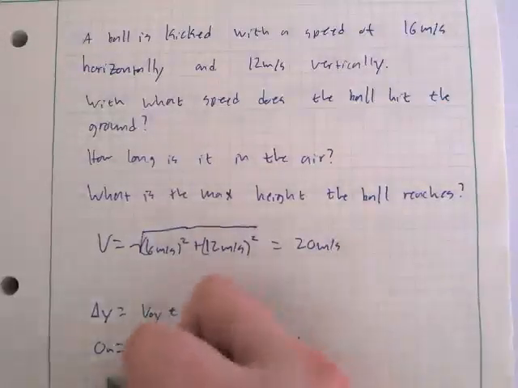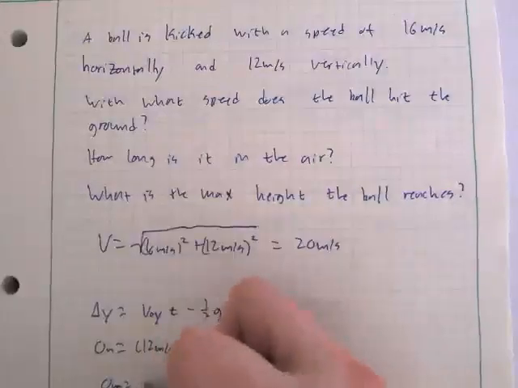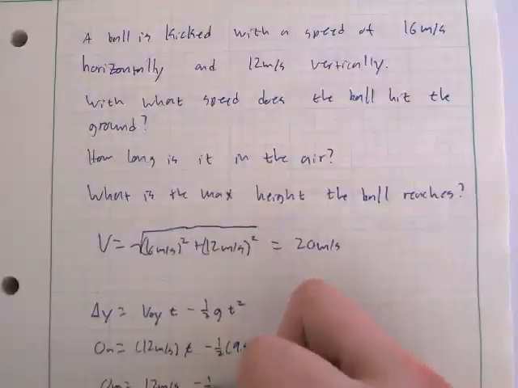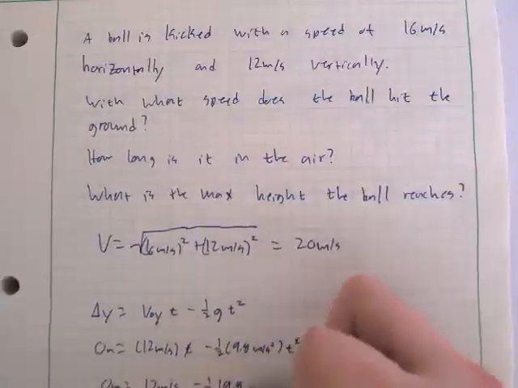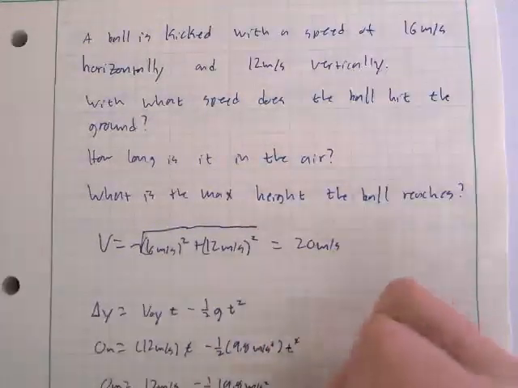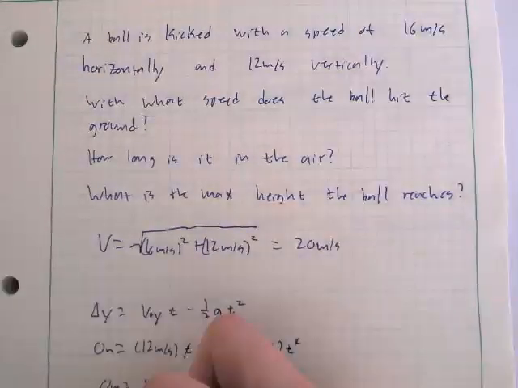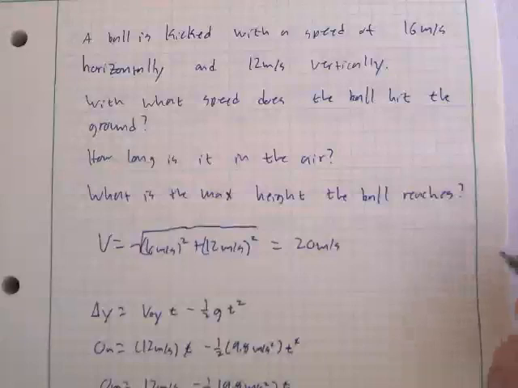So we would have 0 meters equals 12 meters per second minus 1/2 times 9.8 meters per second squared times t. You can solve for t in this way, which will equal what?